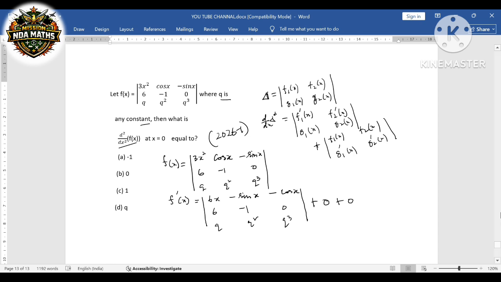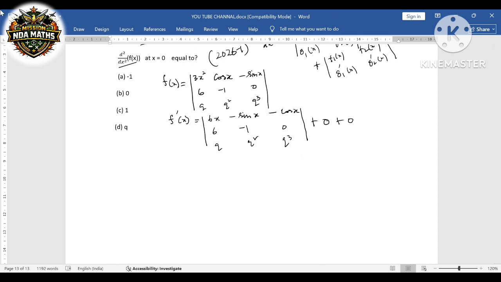Let's continue with the second derivative. We understood that in the first derivative only this one determinant remains, the other two are 0. Next, f double dash x means I differentiate again. By the same principle, because the rest are 0, I differentiate this determinant again. 6x derivative is 6, minus sin x derivative is cos x, minus cos x derivative is minus, so minus minus will make it plus.